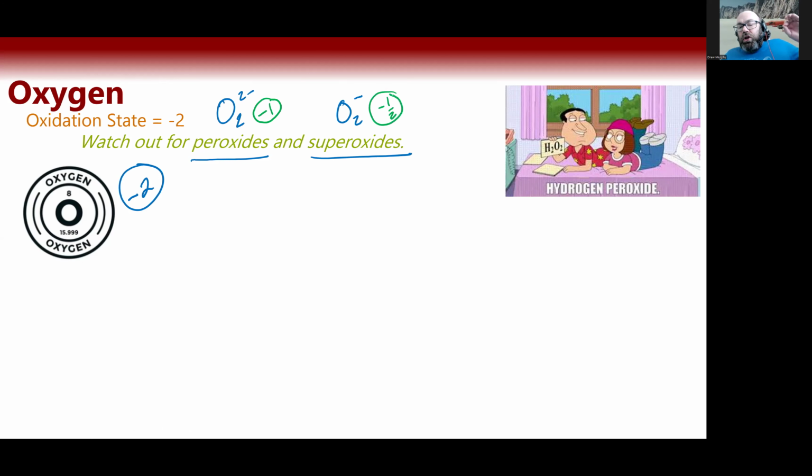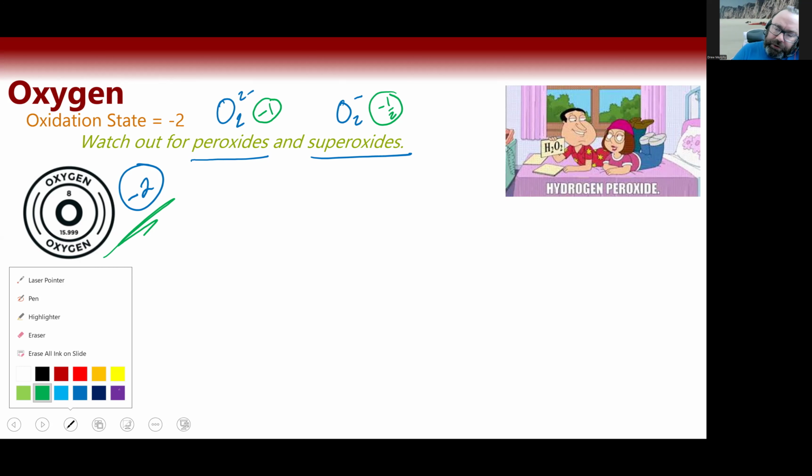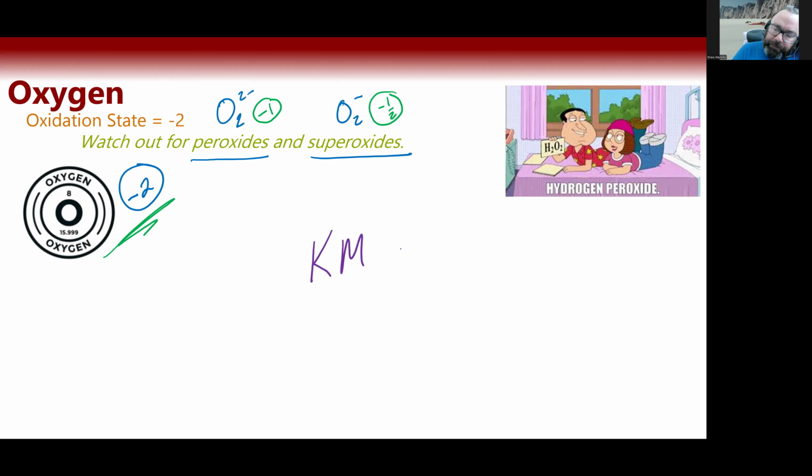You will probably know if you have those in there because those are going to be doing the reaction and the oxygens will change. Most of the time when we're doing these things, oxygen is part of polyatomic ions the whole way through. So if we go back to our MnO4, we can say this guy is +1, and now we know the oxygens are -2. We still have to figure out manganese, and we will learn how to do that as we go.